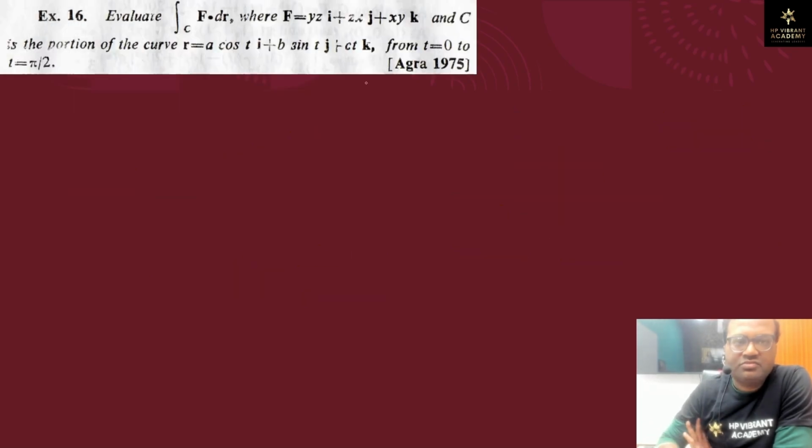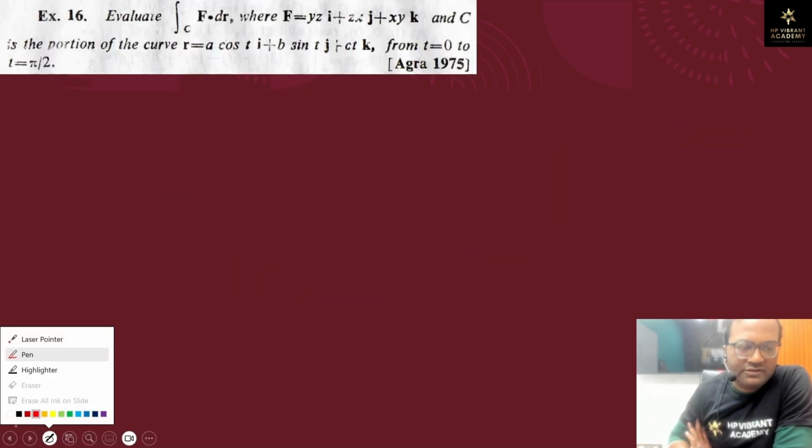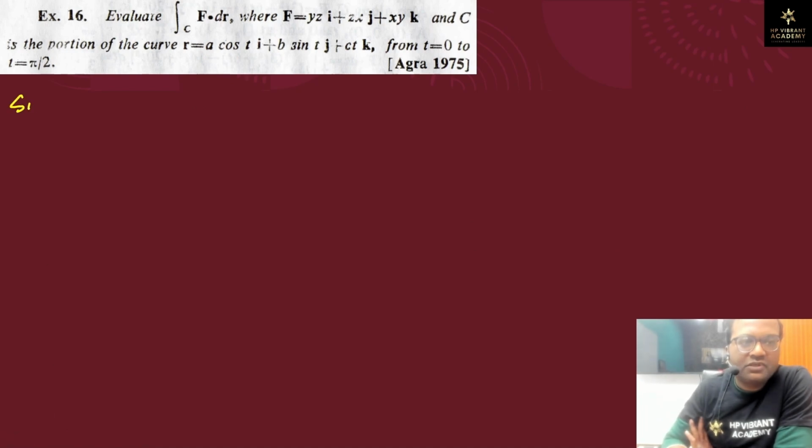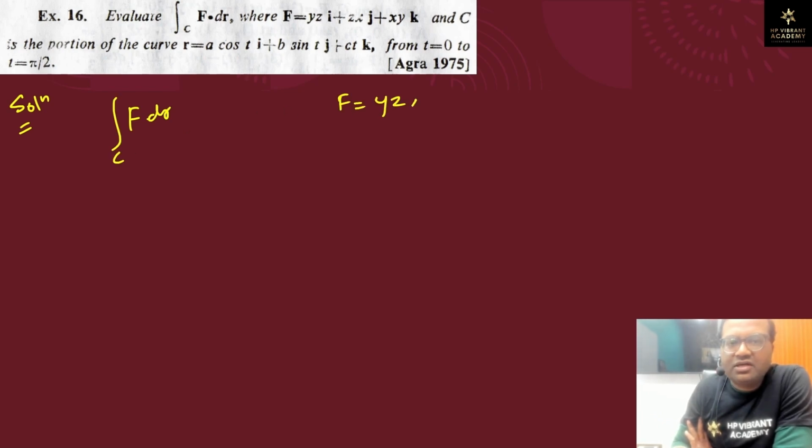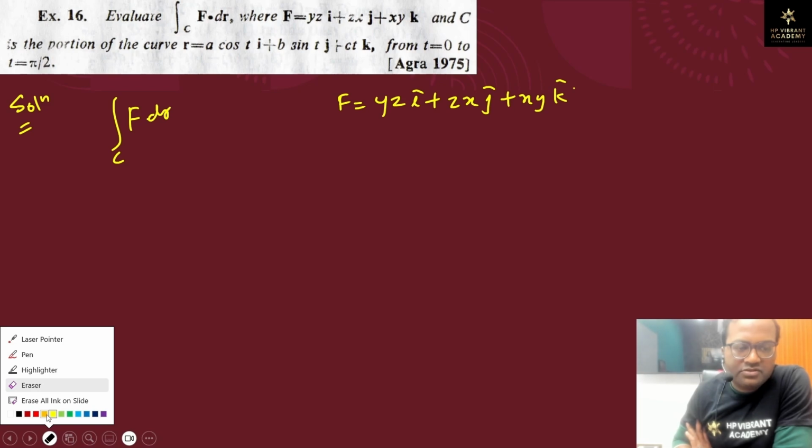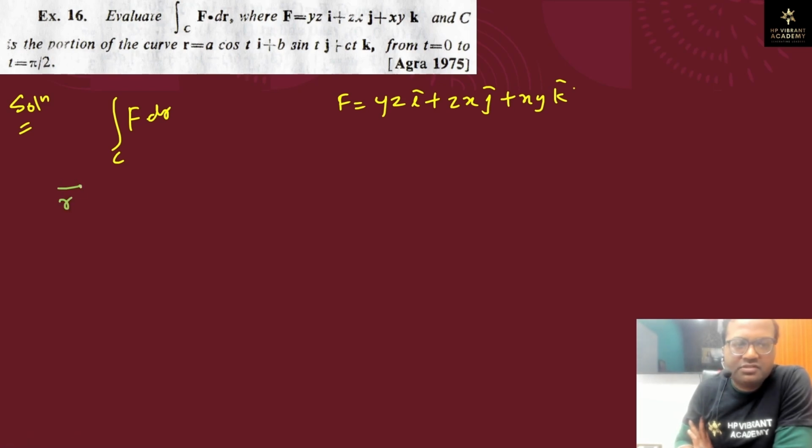So let us discuss question number 16, how we can solve this. We have to evaluate F dot dr along the curve C, where F is given as yz i cap plus zx j cap plus xy k cap. And C is the portion of the curve given by a cos t i cap plus b sin t j cap plus ct k cap.